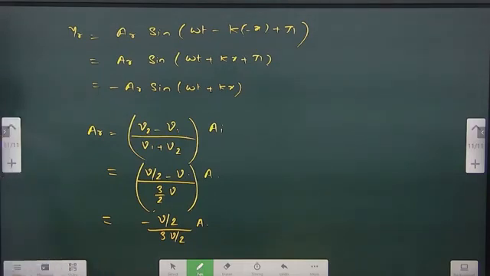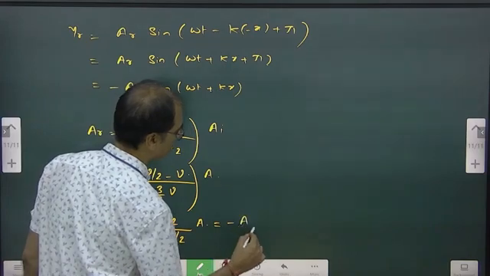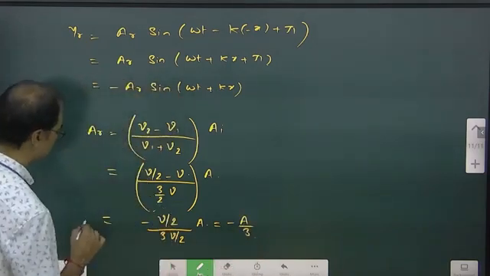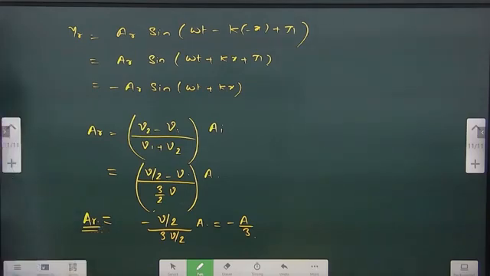Check. Yes, sir. Okay, so V by 2 we can cancel, giving minus A by 3. This is the AR value. Minus A by 3 just shows that it is below, down. Okay, nothing else.